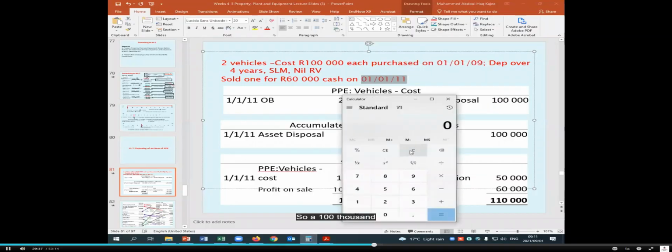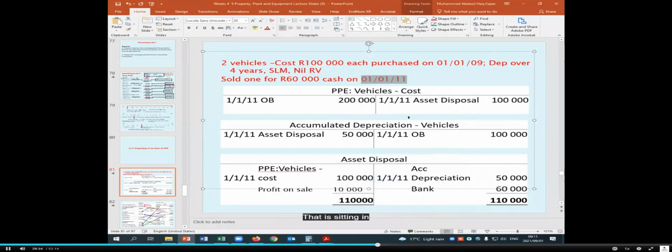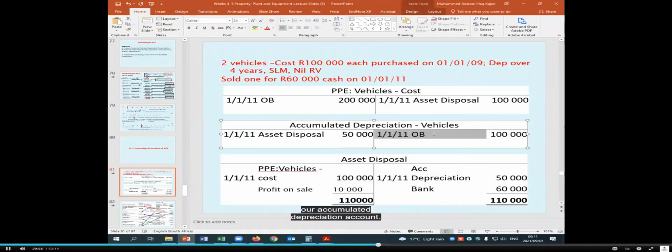So 100,000 divided by 4 years times by 2. 2 years have gone by. So the total accumulated depreciation that would have been passed up until the beginning of 2011 would have been 50,000. That is sitting in our accumulated depreciation account.